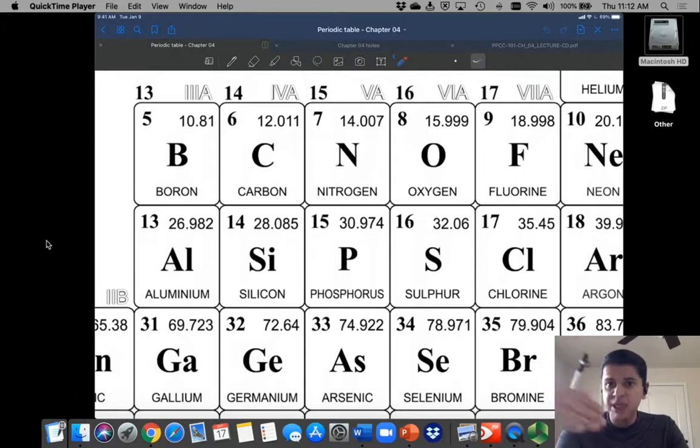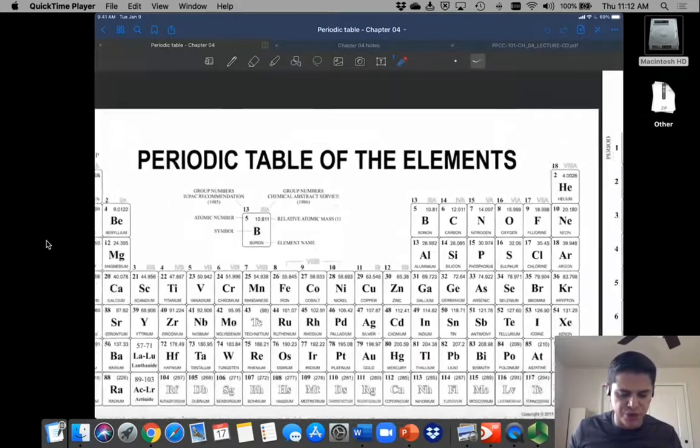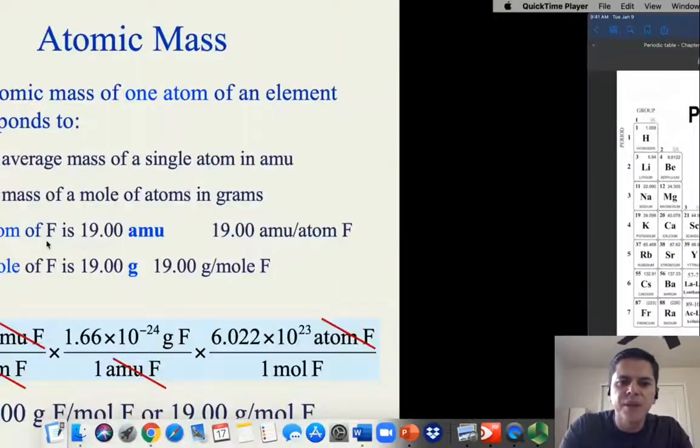The atomic mass is 19.00 AMUs, or 18.998 if you want to put an additional significant figure, or it could be read as 18.998 grams of fluorine per mole of fluorine. Good. So notice that the number is the same, but the thing that actually changes is the unit that we're using.